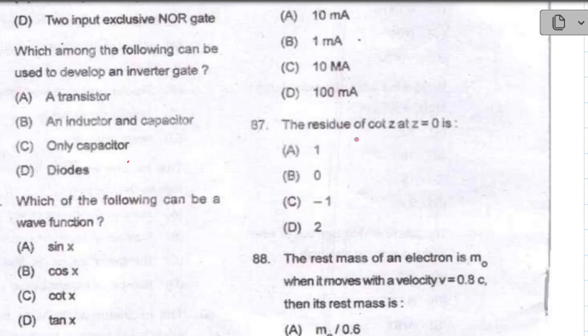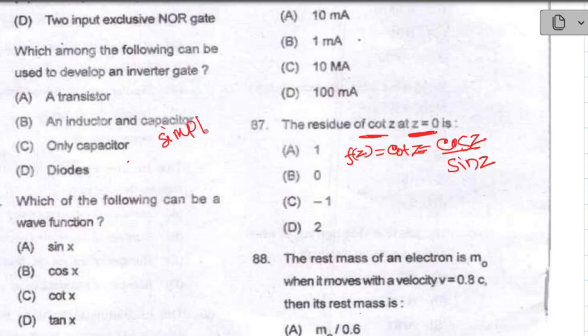87. The residue of cot Z at Z equals 0 is. So the complex function f of Z is cot Z, which we can write as cos Z by sin Z. Z equal to 0 is a pole here, and this is a simple pole of order 1.